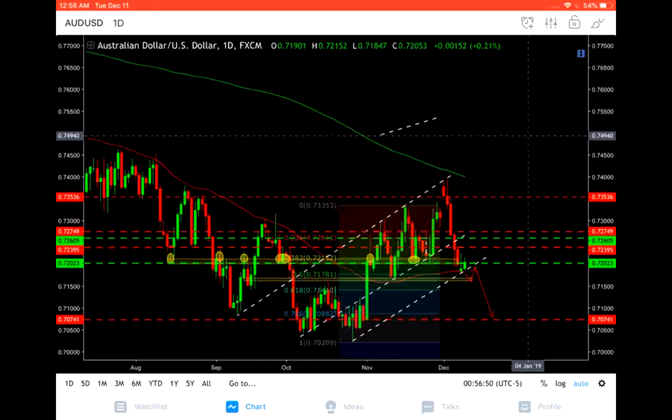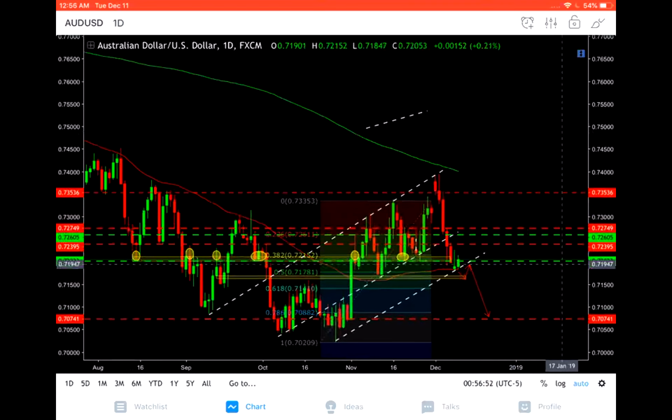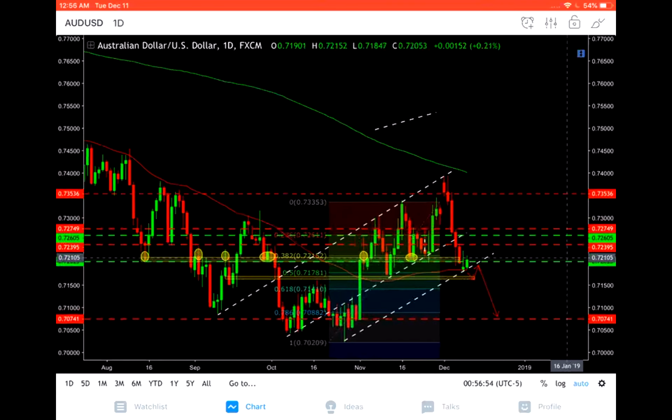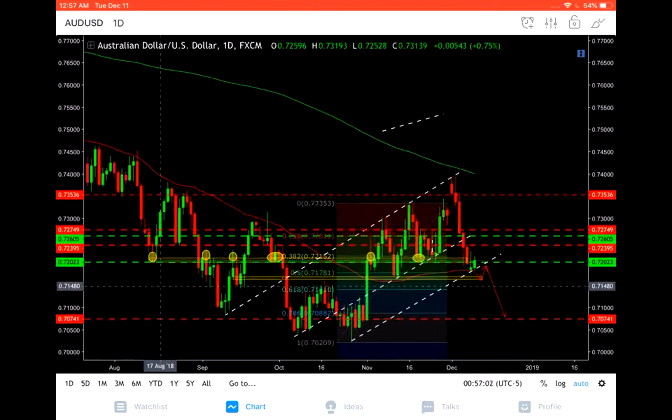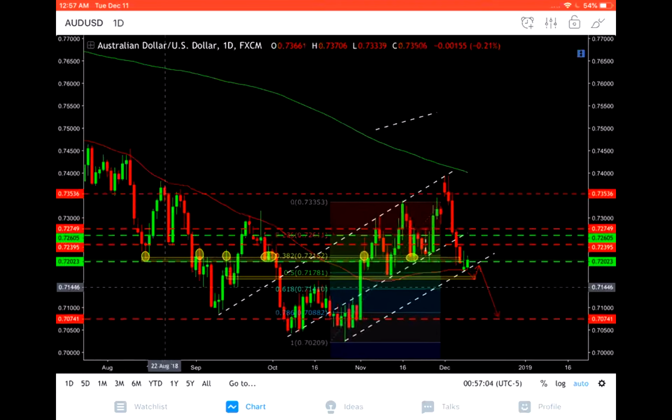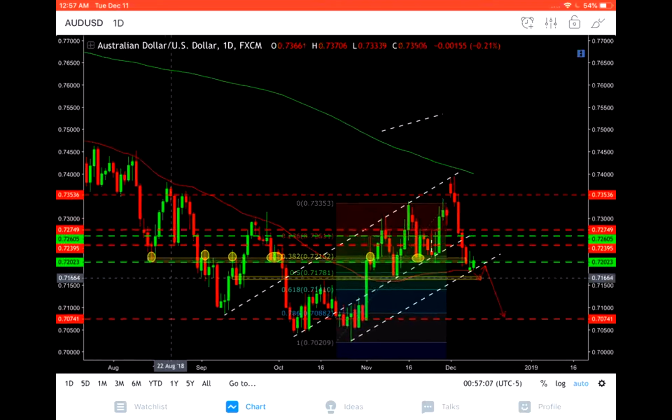If you see it right here, the green line, it respected as resistance and support. If you look to the left, the yellow circle, you have it as support, resistance twice, support again, resistance, support again, and now it's acting as a resistance.